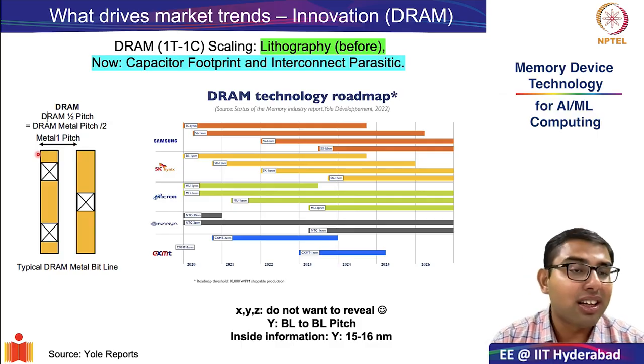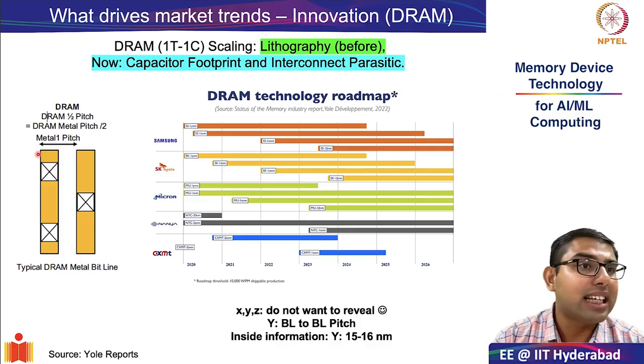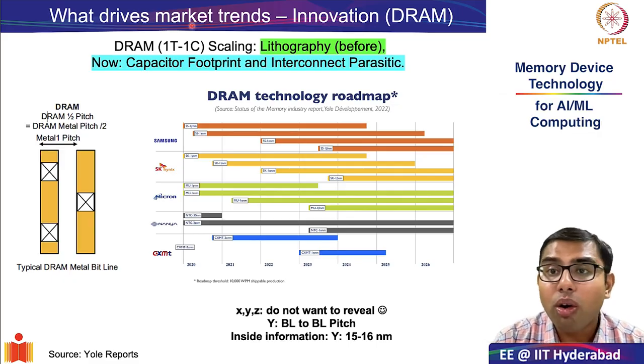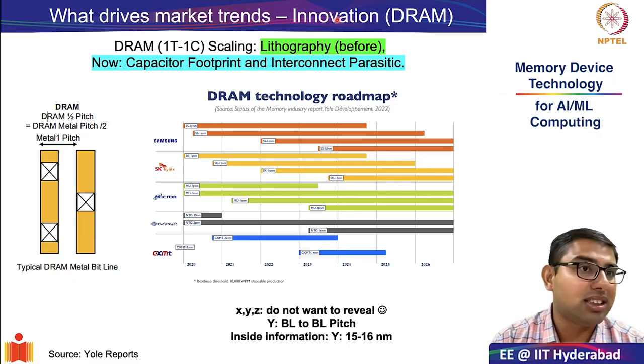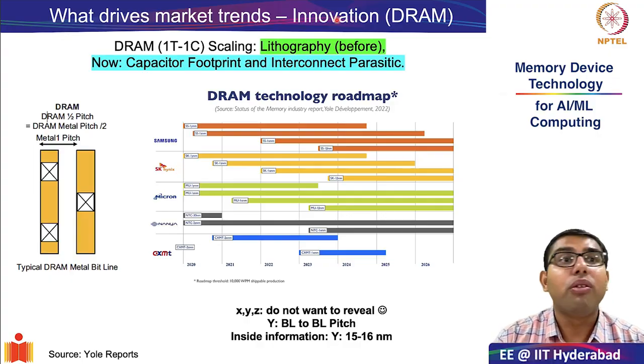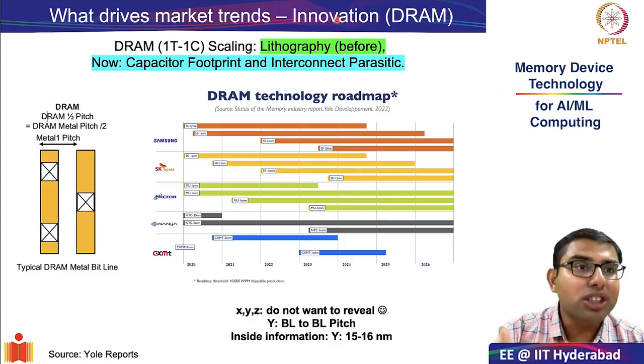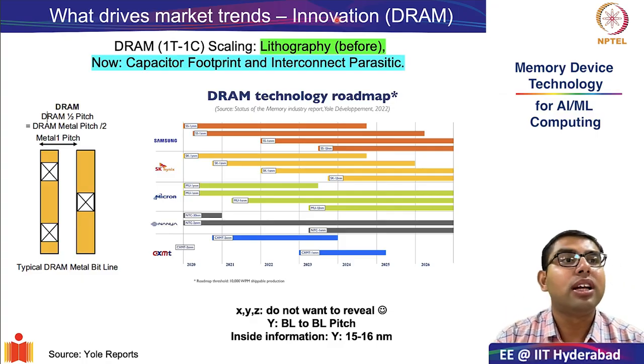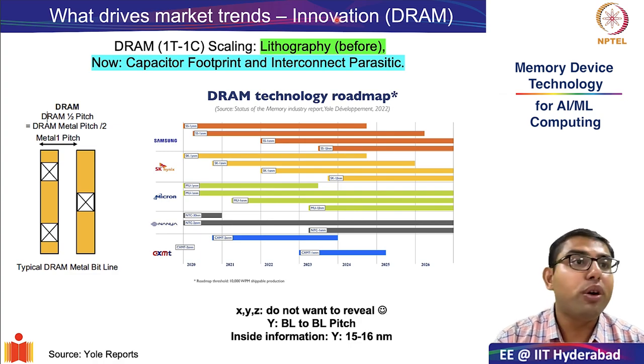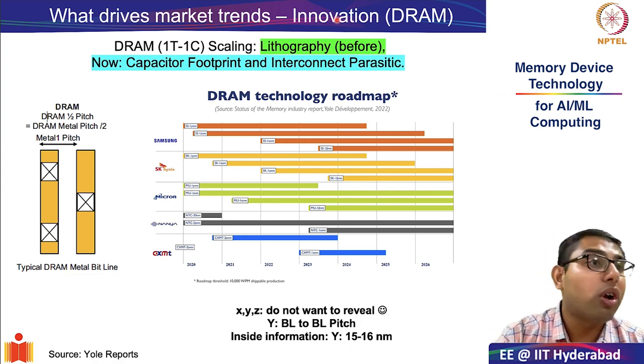And in the next class or the next session, we will look at what are the innovation trends in NAND flash technology, and we will also see how this focus towards innovation is enabling different companies to capture more of the market space.